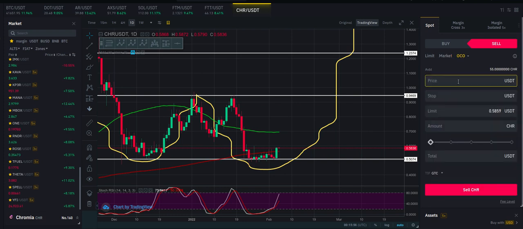Okay, but the one I really like to use is the OCO. Now OCO actually means one cancels the other. What this order will do is that it will set both the stop loss and the take profit.